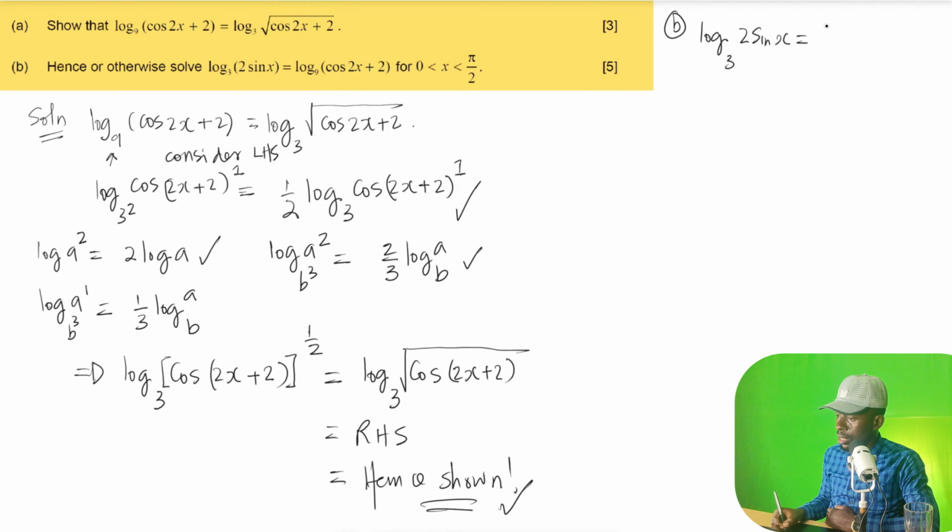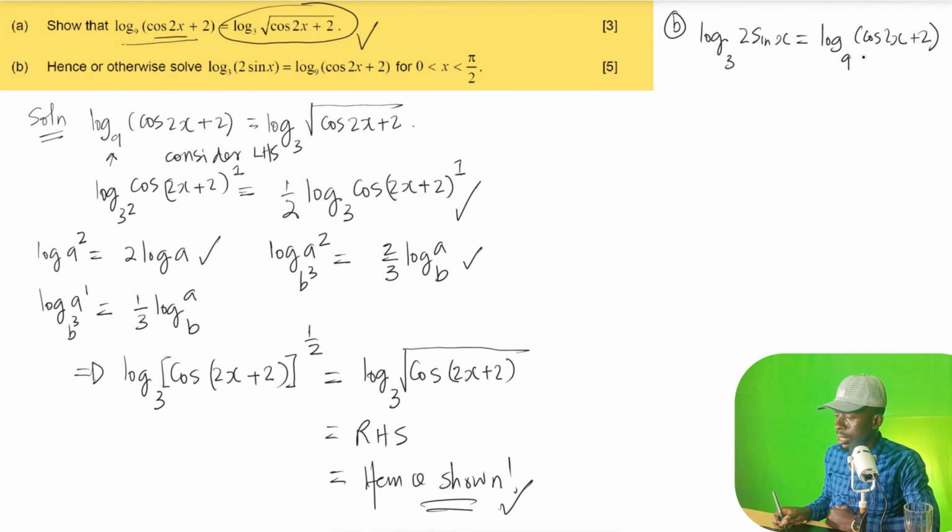This is equivalent to the log base 9 of bracket cosine 2x plus 2 in the bracket. But from part A of the question, we saw that log base 9 of this quantity is equivalent to this.